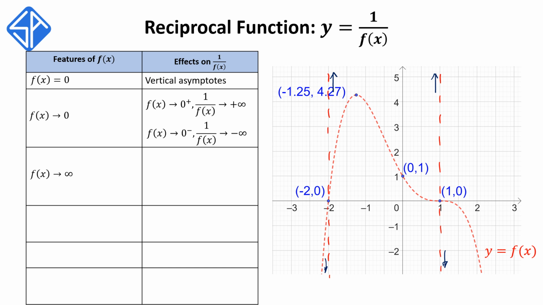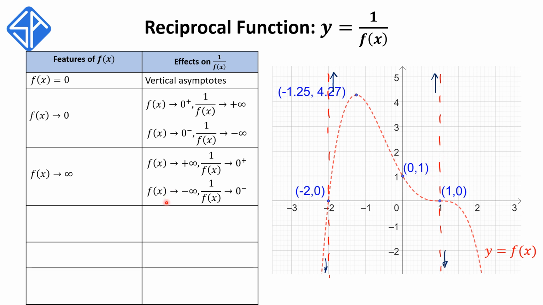And now let's consider what happens when f of x approaches infinity. So we can approach positive infinity. When that happens, we have 1 divided by a very large positive number, and your reciprocal function would approach 0, but on the positive side. But for this graph, we don't have the function approaching positive infinity.